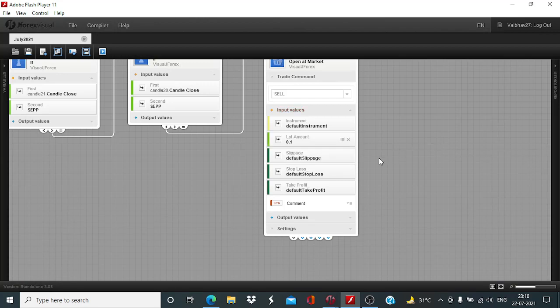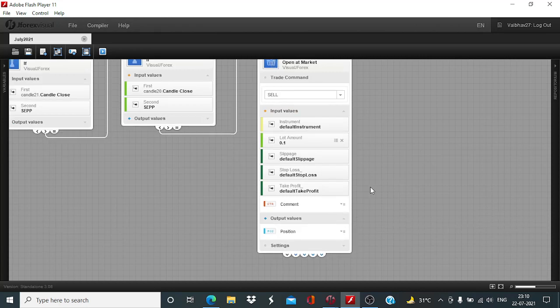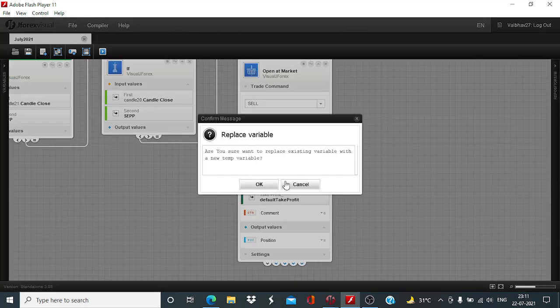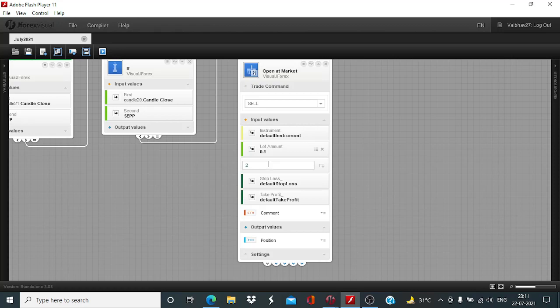Lot amount is going to be 0.1 million. Slippage is going to be 2 pips. Stop loss 15 pips. And take profit 30 pips.